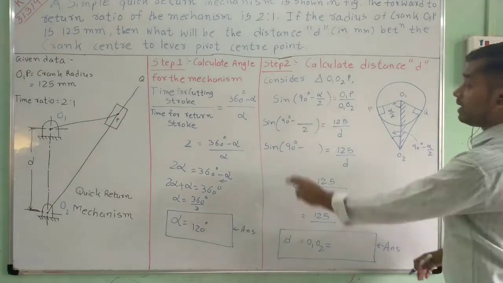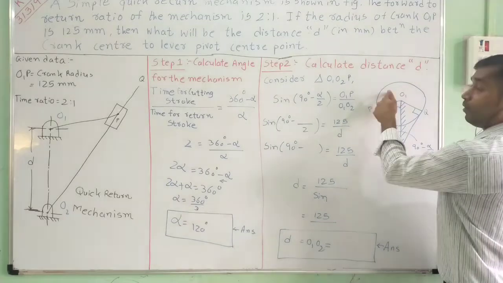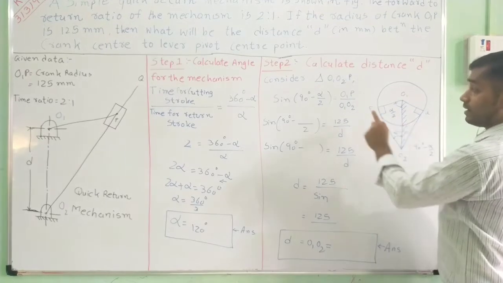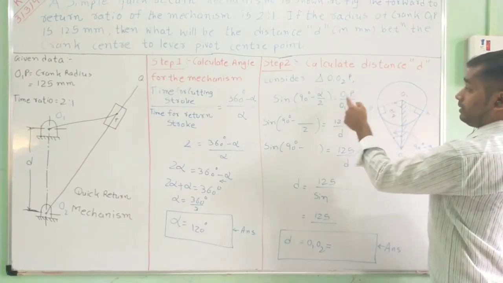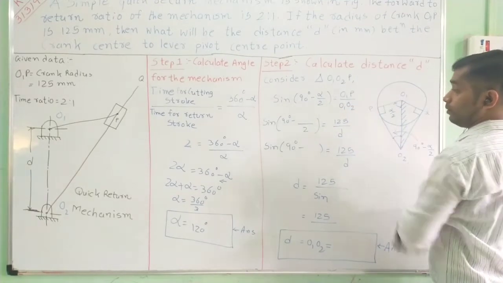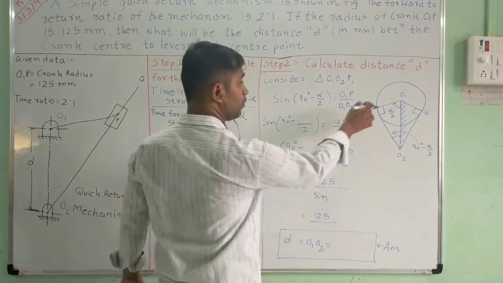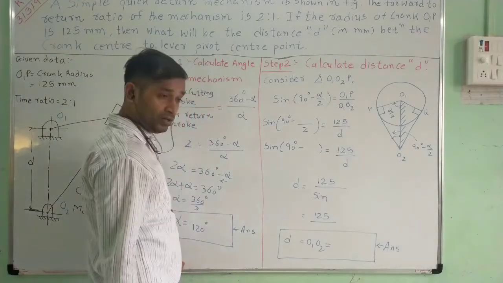So sine (90 degrees minus alpha by 2) equals O1P upon O1O2, by the sine rule. O1P is given as 125 mm, O1O2 is the center distance d, and alpha is already found as 120 degrees.